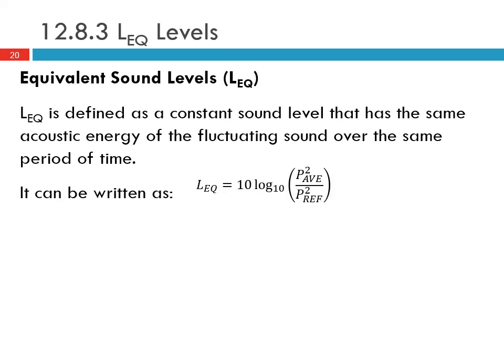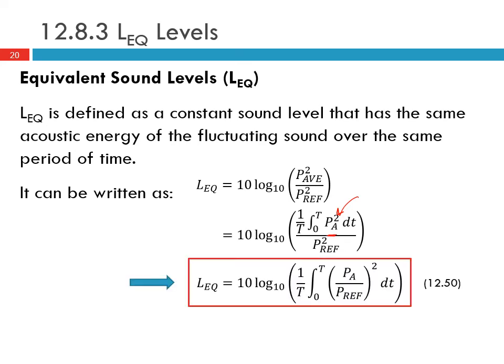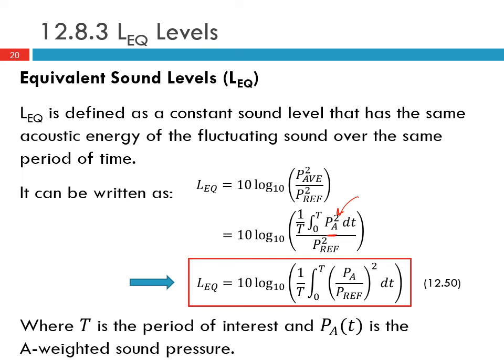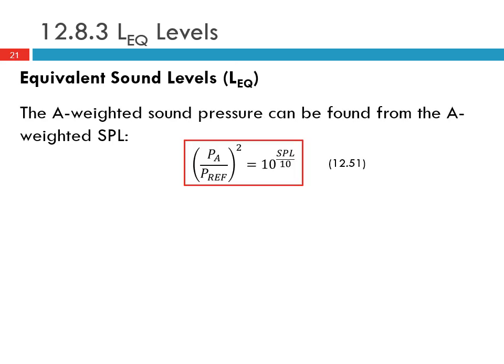It can be written as 10 log of P average squared divided by P ref squared, if we plug in our definition for this P average, and here we're using an A-weighted P. So then LEQ is 10 log of 1 over T, integral from 0 to T of PA over P ref squared, where T is the period of interest and PA is the A-weighted sound pressure. The A-weighted sound pressure can be found from the A-weighted SPL using our previous definition. So PA over P ref squared is equal to 10 to the exponent SPL over 10.